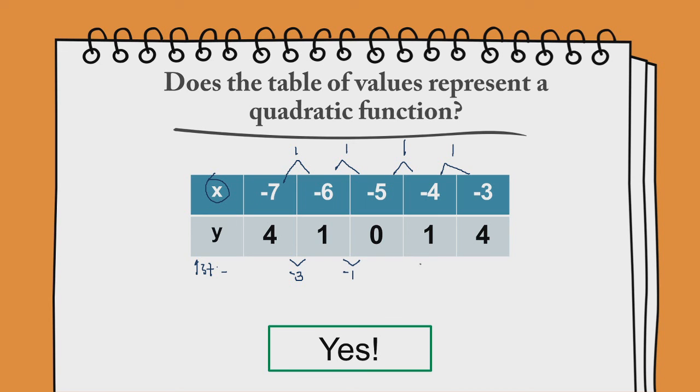And then 1 minus 0, that will be 1. And then 4 minus 1, that is 3. And let's move to its second difference. So, negative 1 minus negative 3, that will be positive 2. 1 minus negative 1, that is still positive 2. And 3 minus 1, that is positive 2.